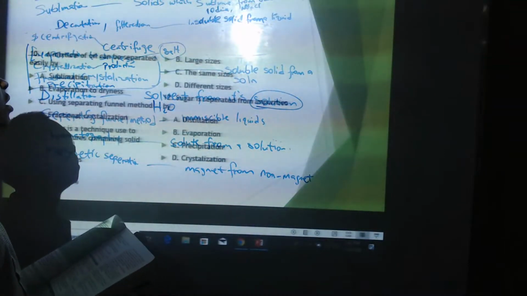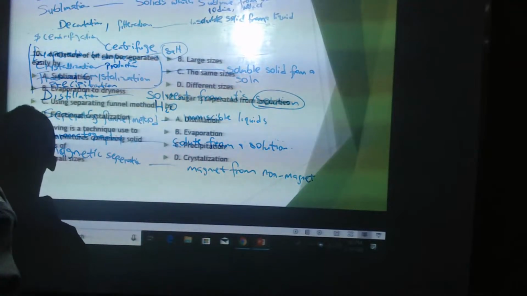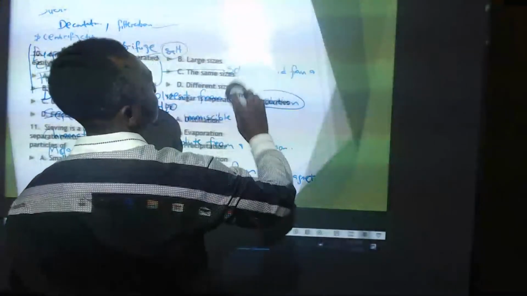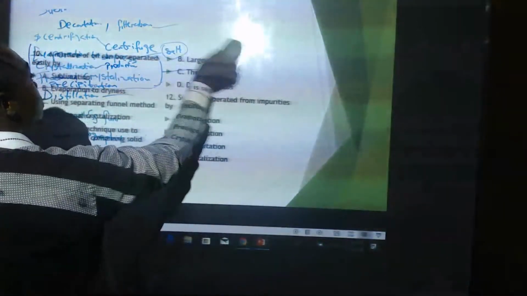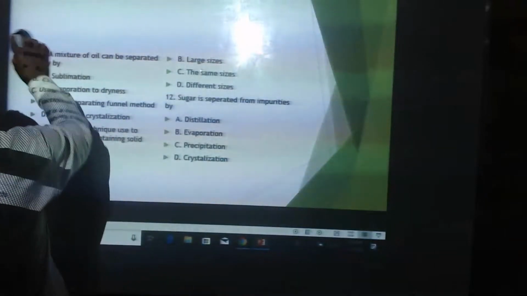How do you know that this is a carbon 4 and the rest? So let me give a little touch on how to know all those.